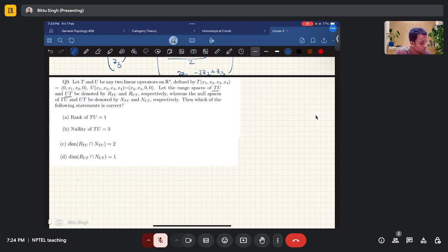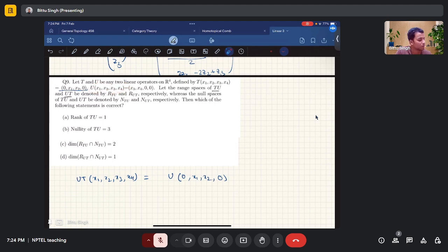So UT of x1, x2, x3, x4. If we apply T first, then applying T will give 0, x1, x2, 0. But what is U?